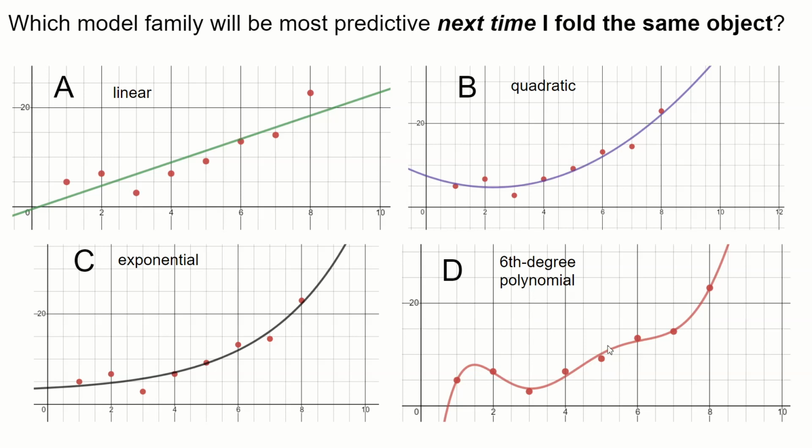So this isn't going to be a good choice for making future predictions over the same interval. Exponential, maybe. Linear, probably not. I would say probably quadratic. Or it could be exponential as long as we're sure that we're not going to extrapolate past the data that we have.